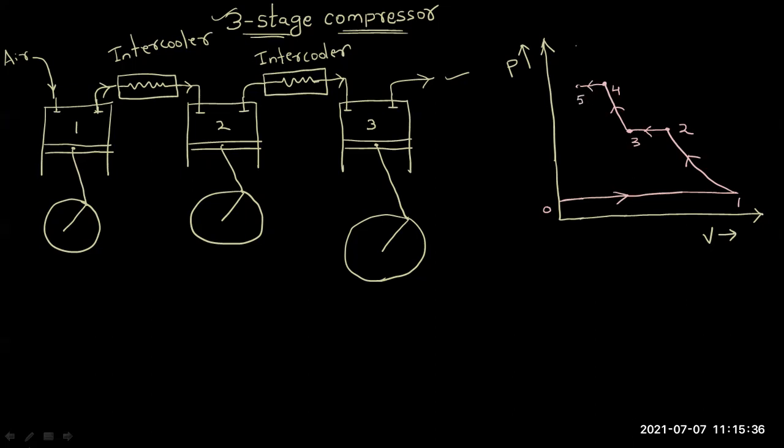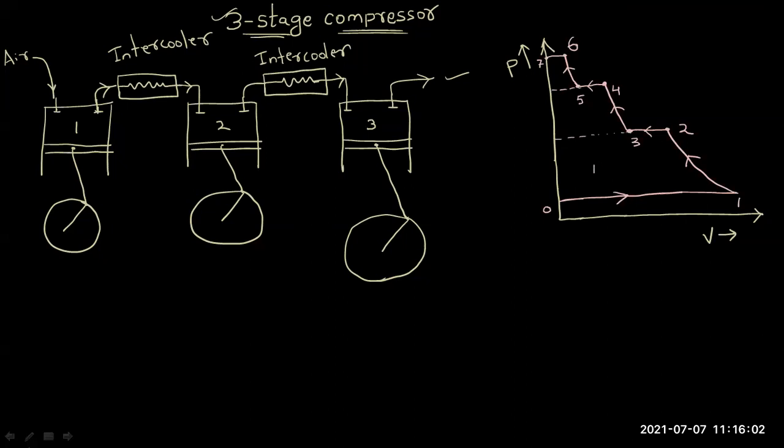And again after point 5, we will compress the air in the third cylinder, from point 5 to point 6, and after that we will supply it to the atmosphere. I will draw some dotted lines over here.